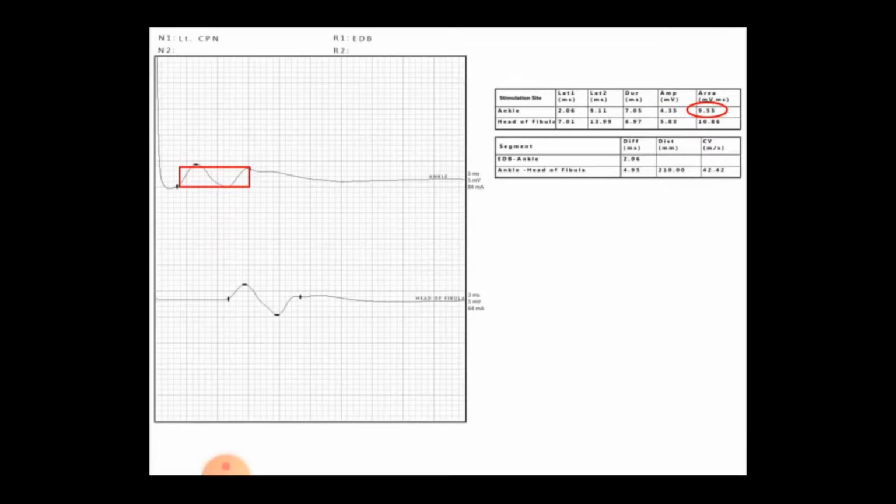In this example it is 9.55. Now when we analyze the second potential, because of stimulation at the head of fibula, you can see that latency is 7.01 and amplitude is 5.83.